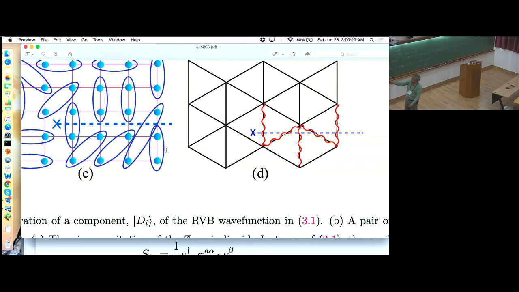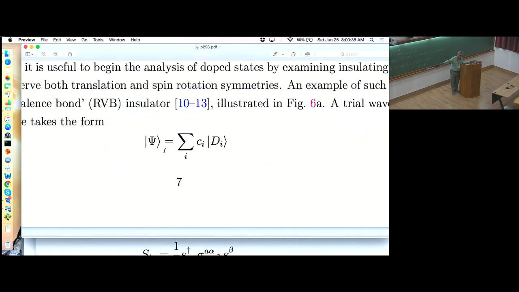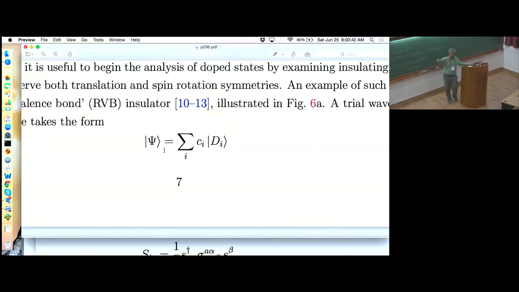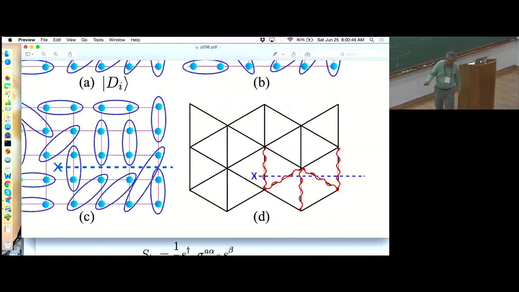So basically, the effect of this X and this branch cut is to change the signs of some of these Ci. Some of these Ci's go to minus Ci, depending on how many dimers they have crossing the cut. Okay? So that's the precise analog of this magnetic excitation.